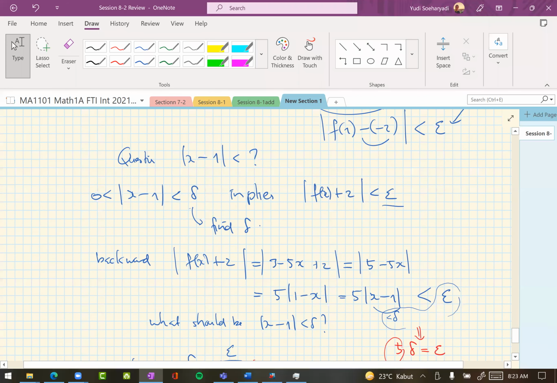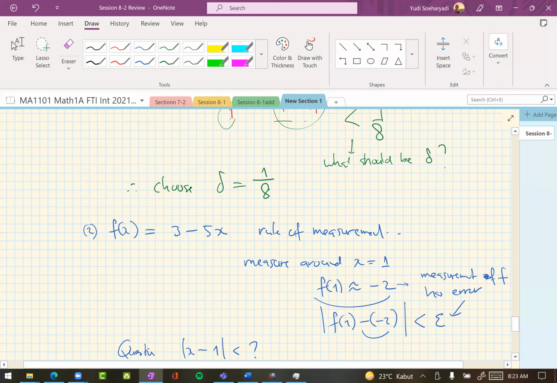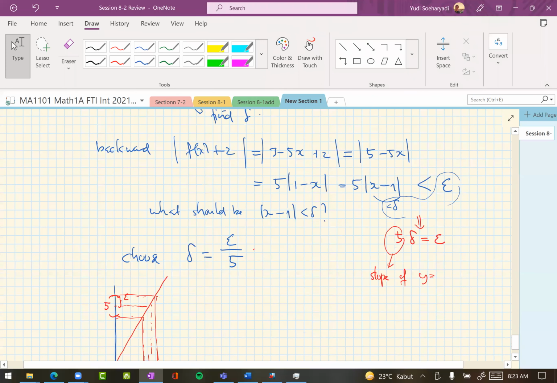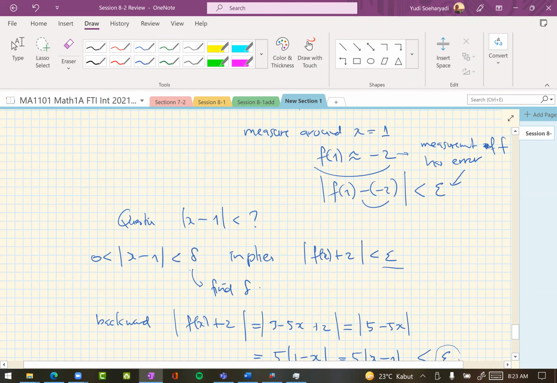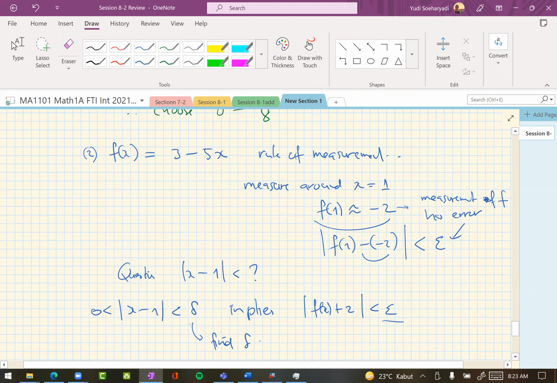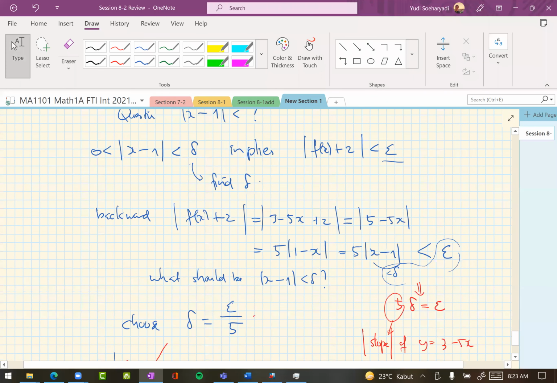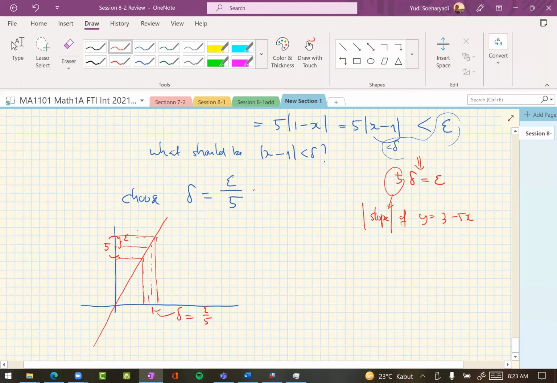Oh, sorry. Our slope is actually 3 minus 5x, not this figure.